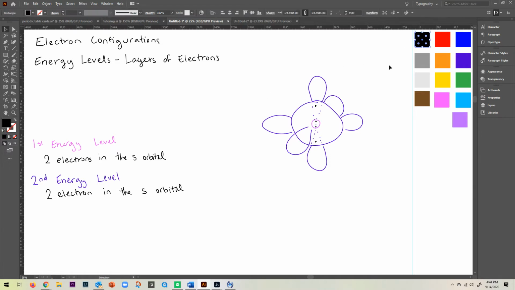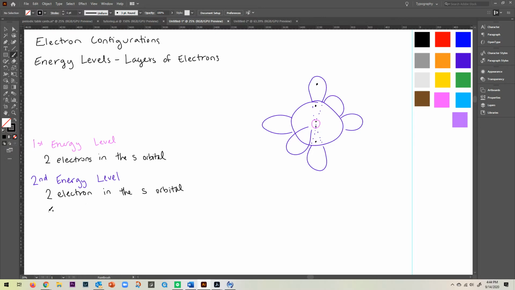So if I wanted to add a fifth electron, we have the 2 on the inside from the first energy level. We have 2 in the s orbital for the second energy level. That fifth electron can't go into any of those orbitals now. It has to go into one of the p orbitals.